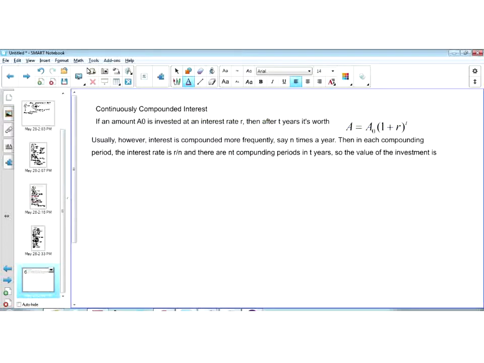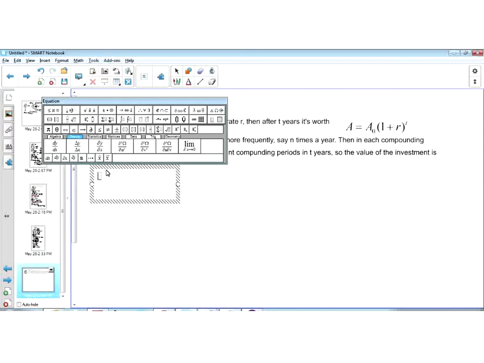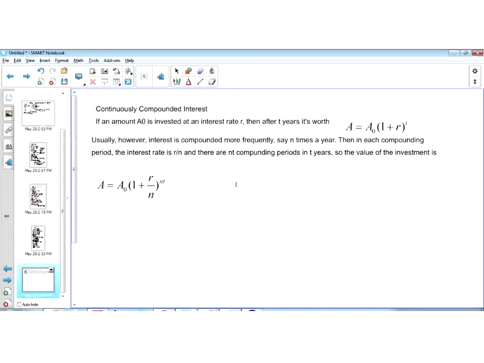the formula A is equal to the initial amount times 1 plus the ratio of your rate divided by the number of compounding periods, all of this raised to the NT power, if you have n compounding periods.